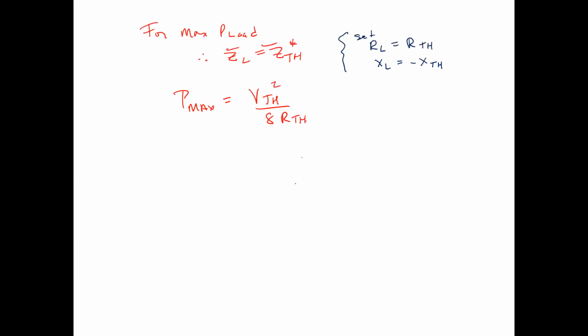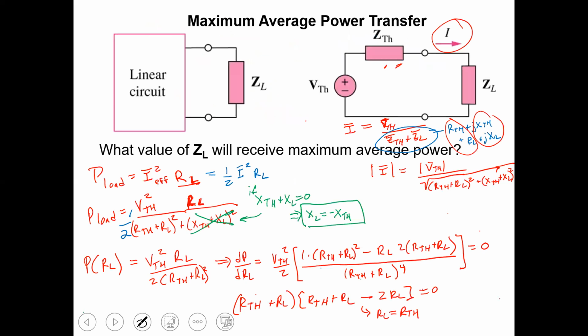And that's because of this formula here, V Thevenin squared, you get 2 times R Thevenin plus RL squared in the bottom. Oh, and you got RL on top there.